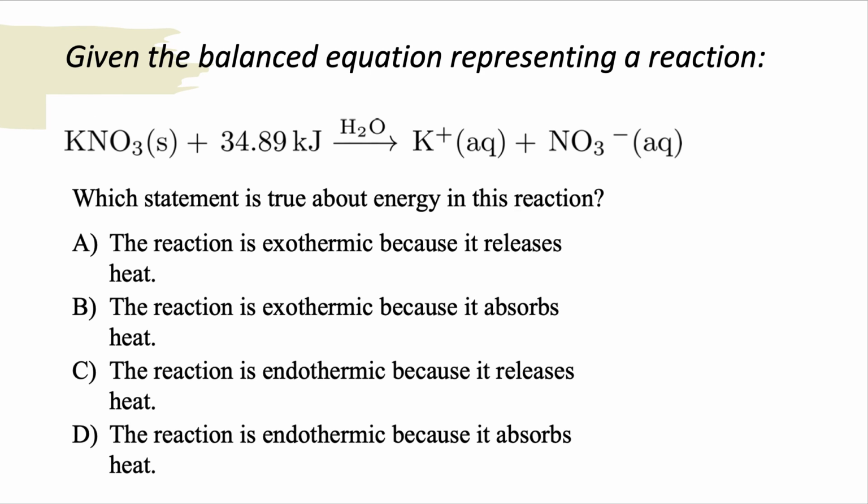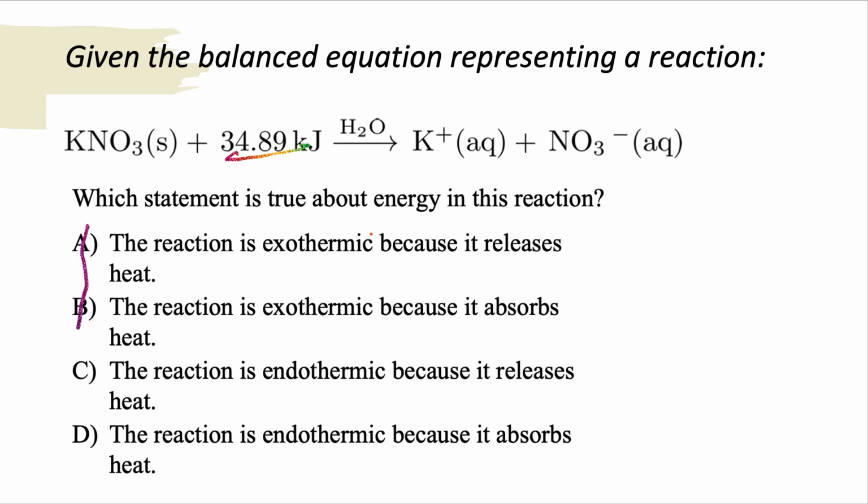And the last question. Which statement is true about the energy in this reaction? This one already gives you the energy, which is on the left side, our reactant side. That means it's being absorbed, and absorbed is endothermic, so it could be C or D. It can't be A or B. If it were exothermic, it'd have to be on this side.